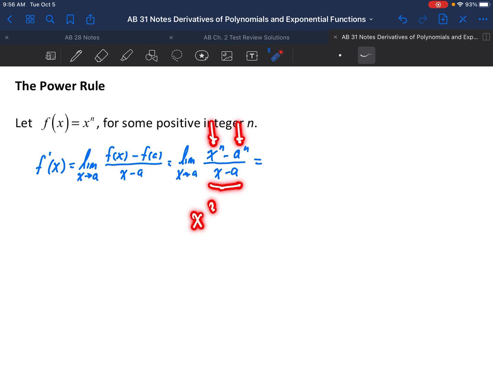That was like if we had x cubed minus a cubed. We factored that. If we had x squared minus a squared, we factored that. If we had x to the 17 minus a to the 17, you really didn't want to factor it, but you factored it.